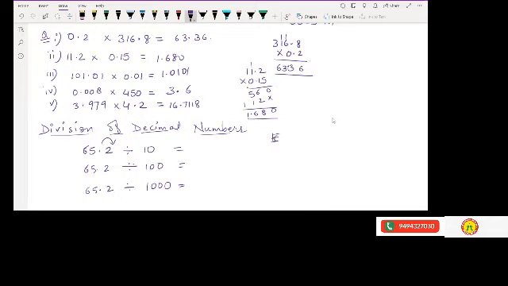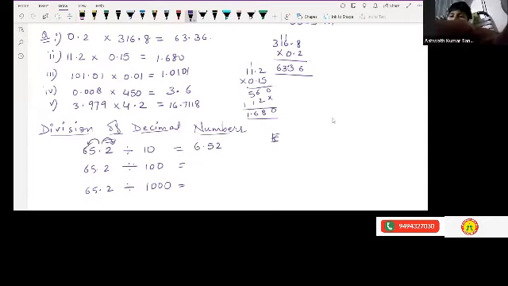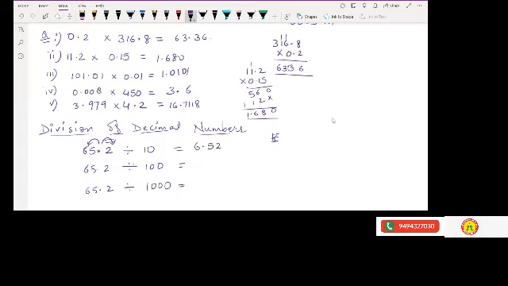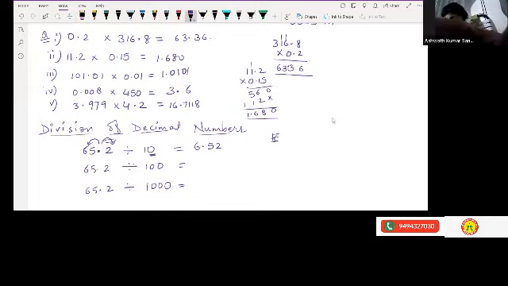That our decimal point moved towards the left side like this. Original place is here. Now it has moved towards left. Since we have 1 0 here, with 10 it will move one place towards the left side.